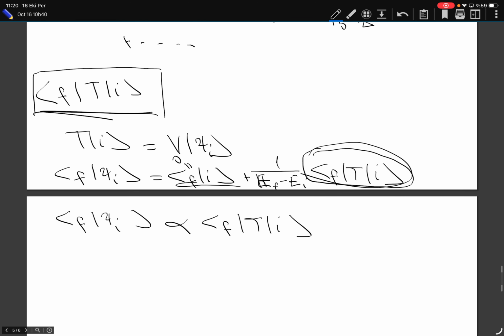Why do I call it amplitude, Tom? What is your proposal? What should we call that? T is called the transition matrix. It describes the transition from an initial state to a final state. And amplitude is what we call, okay, you can say that it's the matrix element of T, but here we are just looking at the overlap of the time evolved state with the final state I'm measuring.